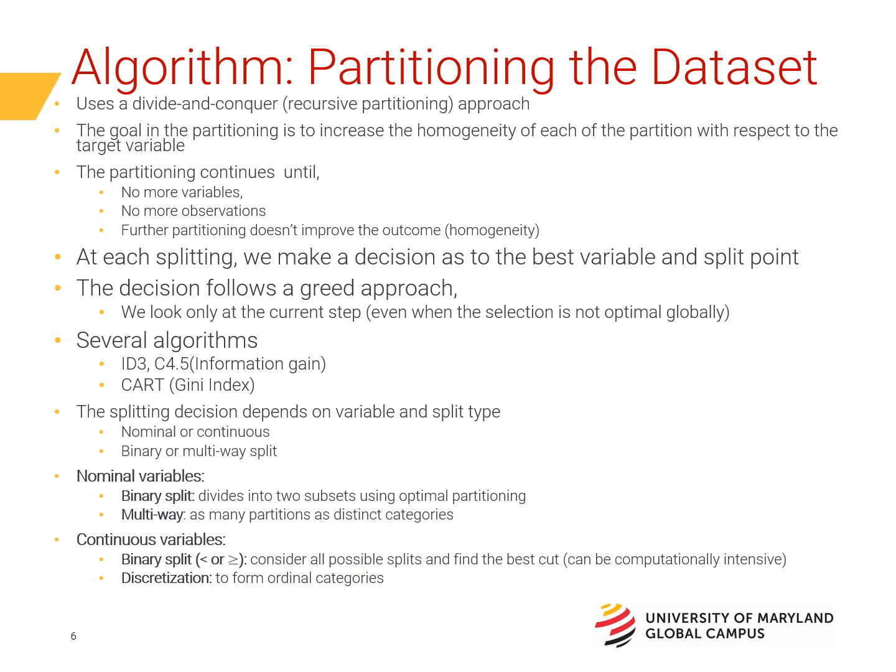One approach is to consider all possible splits and find the best cut point based on the chosen criterion. However, this can be computationally intensive, especially for large datasets. An alternative approach is to discretize the continuous variable into ordinal categories, effectively transforming it into a nominal variable.